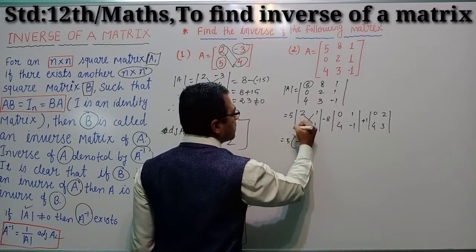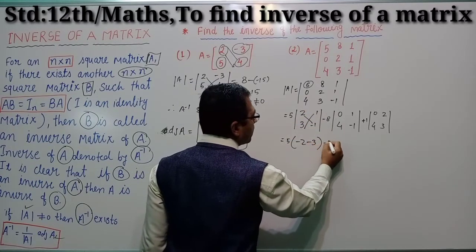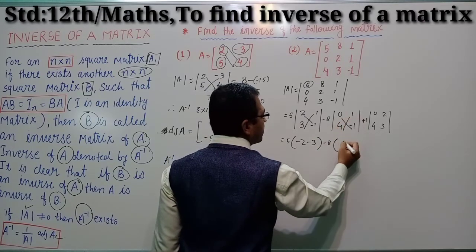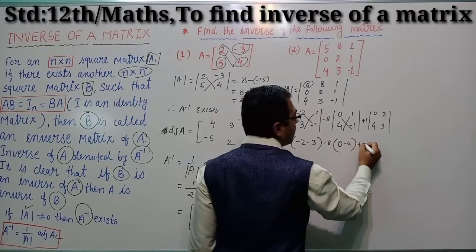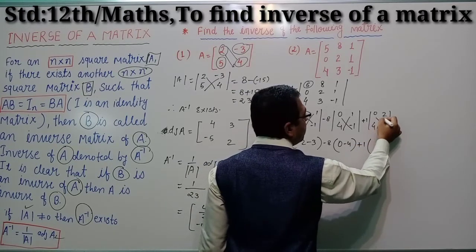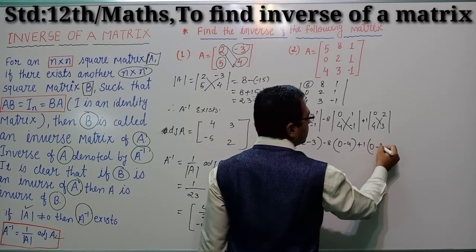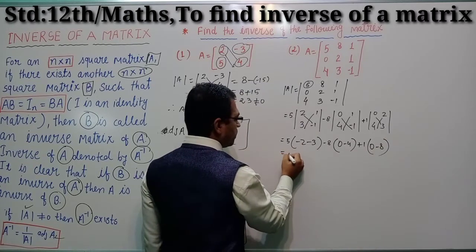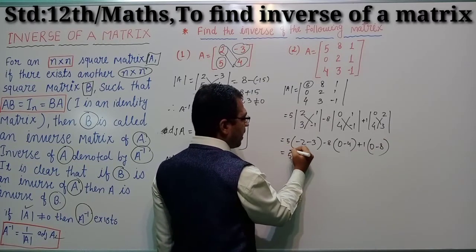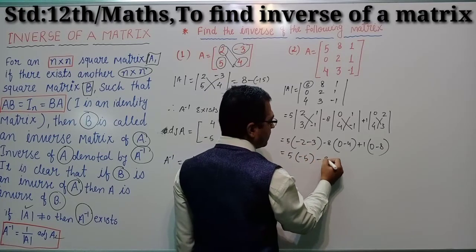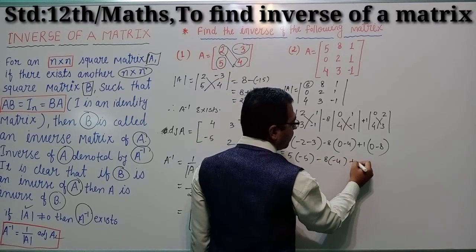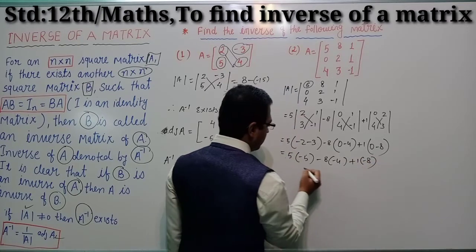So 5 cross multiplication over here, minus 2 minus 3, minus 8. Now cross multiplication, 0 minus 4, plus 1, again cross multiplication over here, 0 minus 8. So students, what are you getting over here? 5 times minus 2 minus 3, minus 8 times minus 4, plus 1 times minus 8.